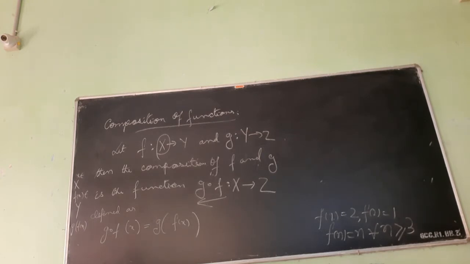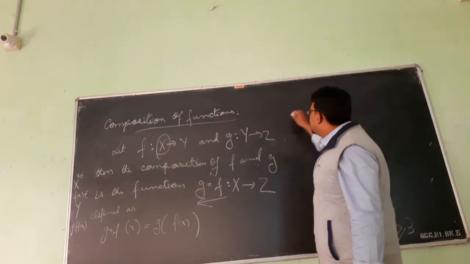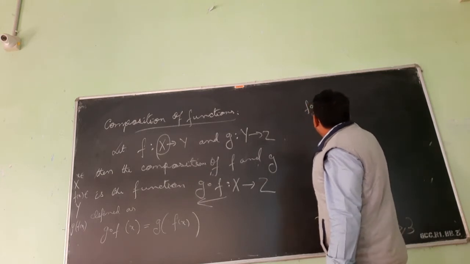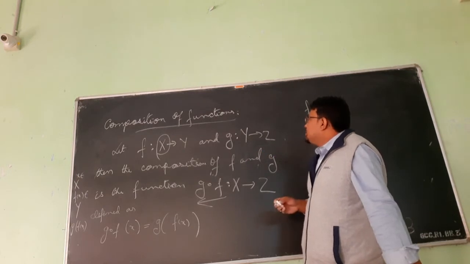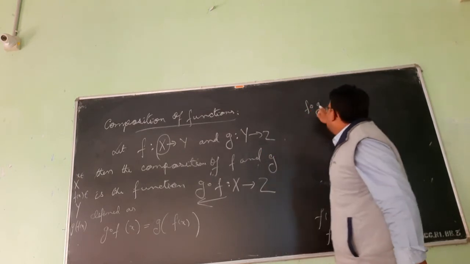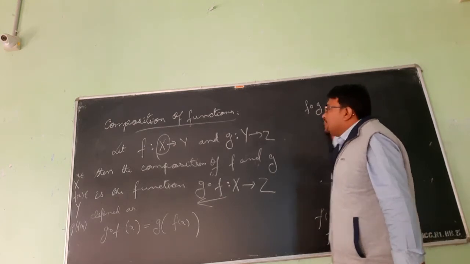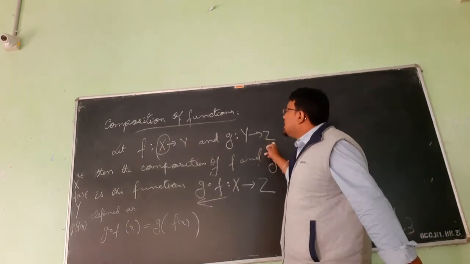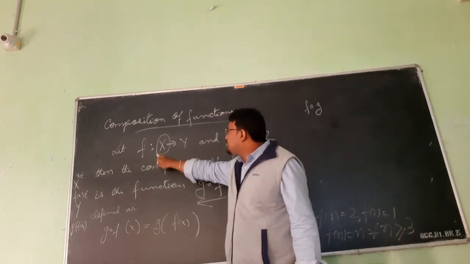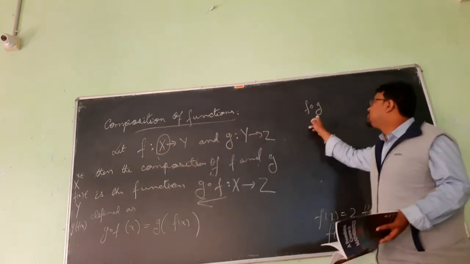Okay. So GOF from X to Z we can define this way. So in this situation, can you define FOG? Can you define FOG? No. FOG here cannot be defined, because g goes from Y to Z, but f is from X to Y. It can be defined if this Z is a subset of this capital X. In that case we can say something like f of g.